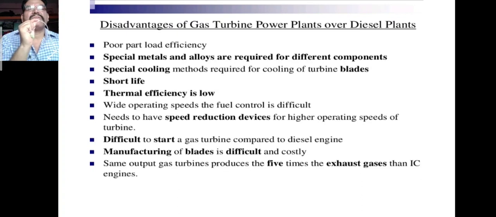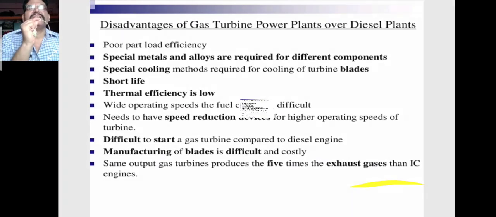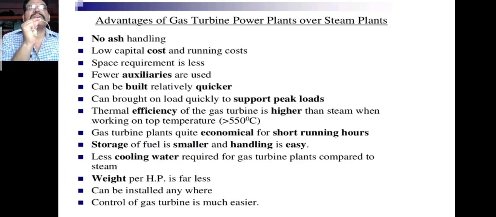Speed reduction devices are needed for the higher operating speed of the turbine. It is difficult to start a gas turbine compared to a diesel engine. Manufacturing of blades is difficult and costly, and a gas turbine produces 5 times the exhaust gases of an IC engine. These are some of the disadvantages.